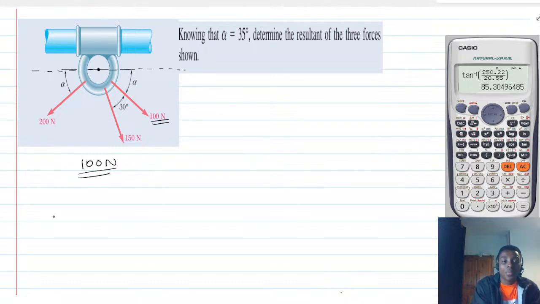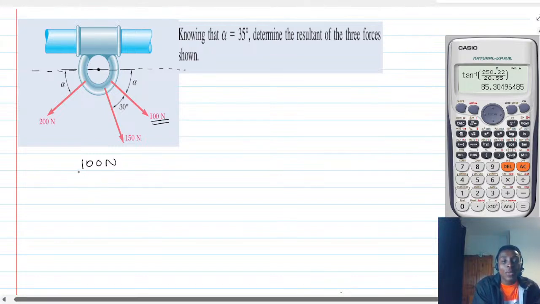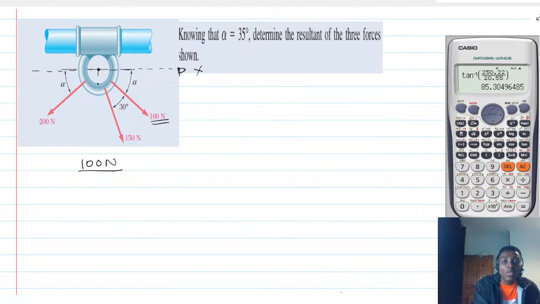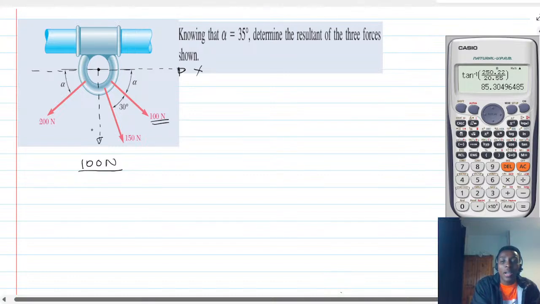So starting with the 100 Newton force, this is our x-axis. But let's do something. Let's try to create an arbitrary y-axis here.